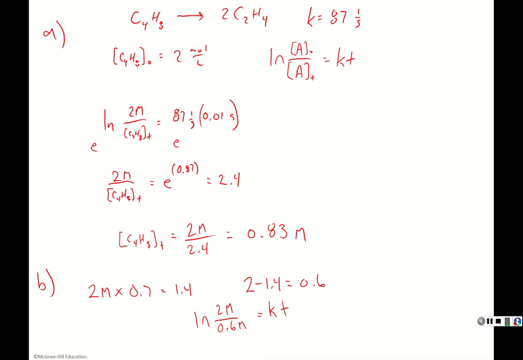So we can divide by k: ln of 2 over 0.6, divided by k, which is 87 per second. So we'd get a t value here of 0.014 seconds. So that is a pretty fast reaction.